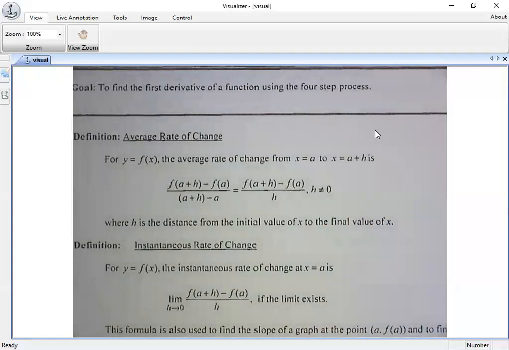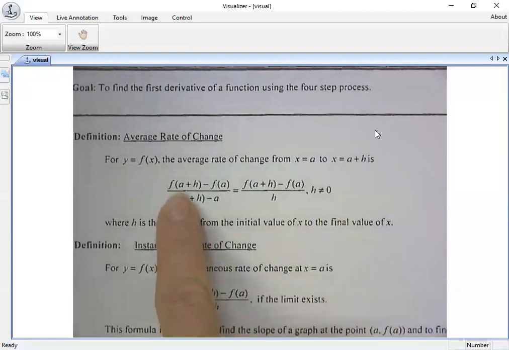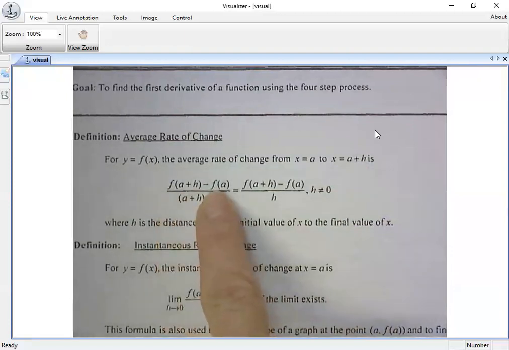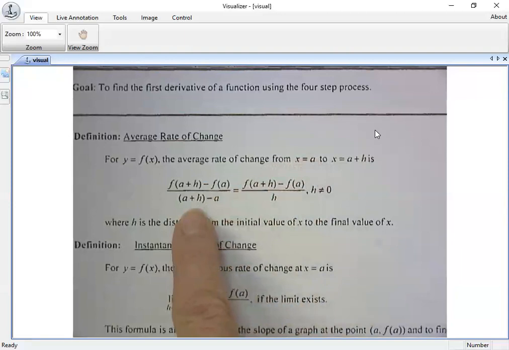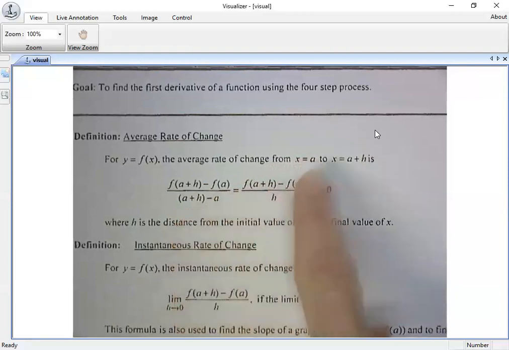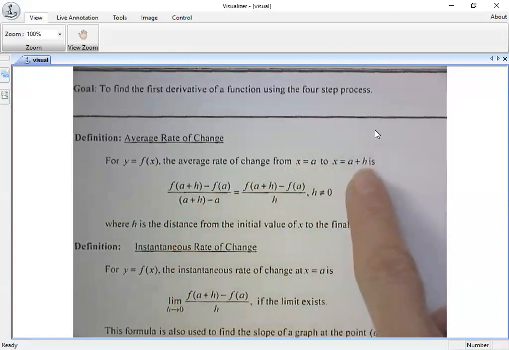It's the same as slope. Couldn't I take the y value from this point, which would be my f of a plus h, and subtract the y value from the original point, that's my change in y, over this would be my change in x's, right? Because my x is at point A. My second point, the x value is a plus h.